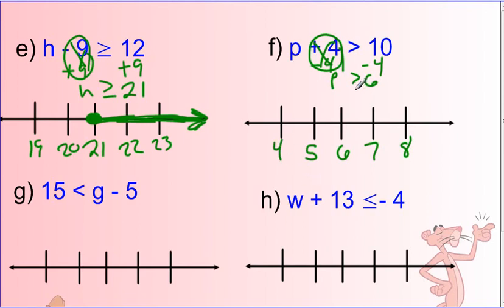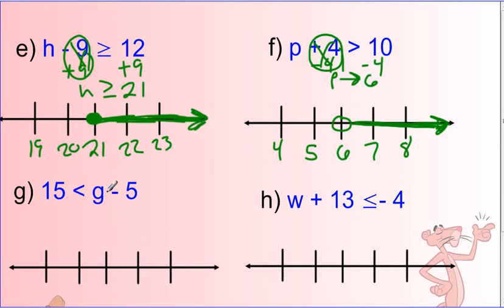Here we need a hollow dot because we have no or equal to. It's just greater than. And shade. Well, we're going to shade numbers greater than 6. The other way you can tell if you use the arrowhead trick is it's an arrowhead pointing that way. So we shaded that way.